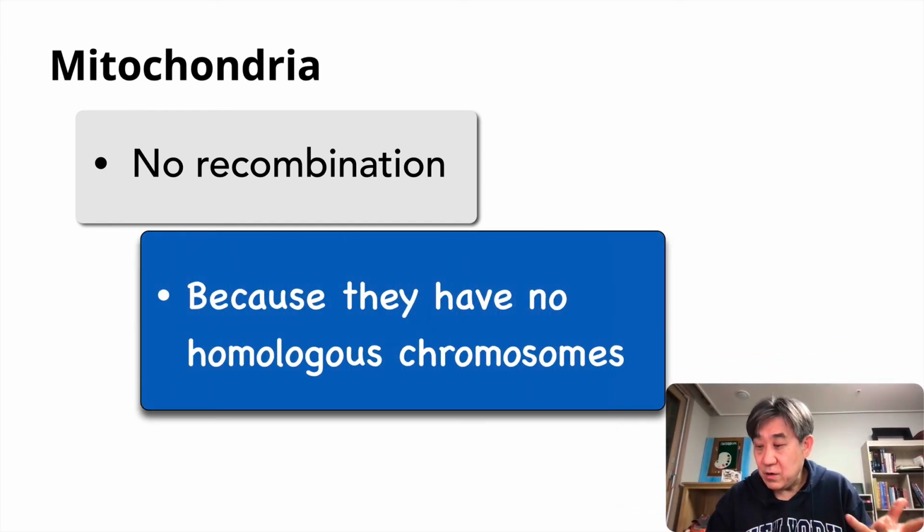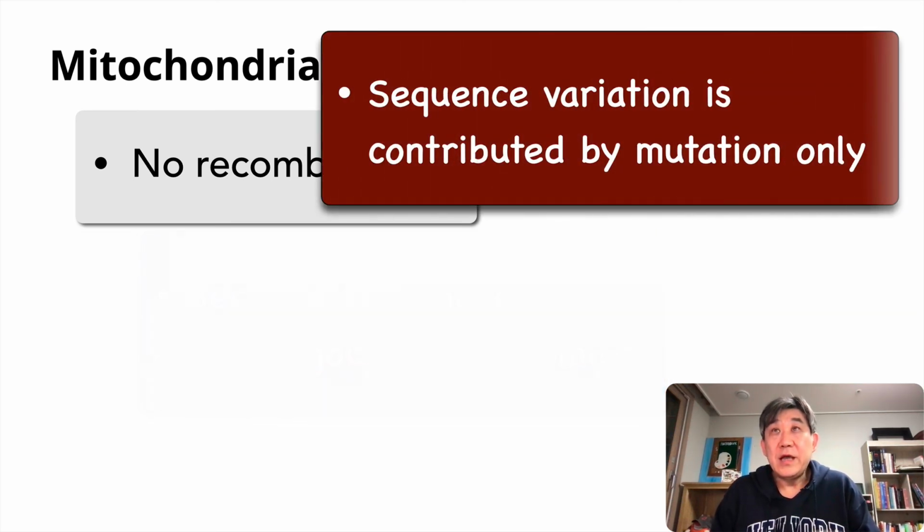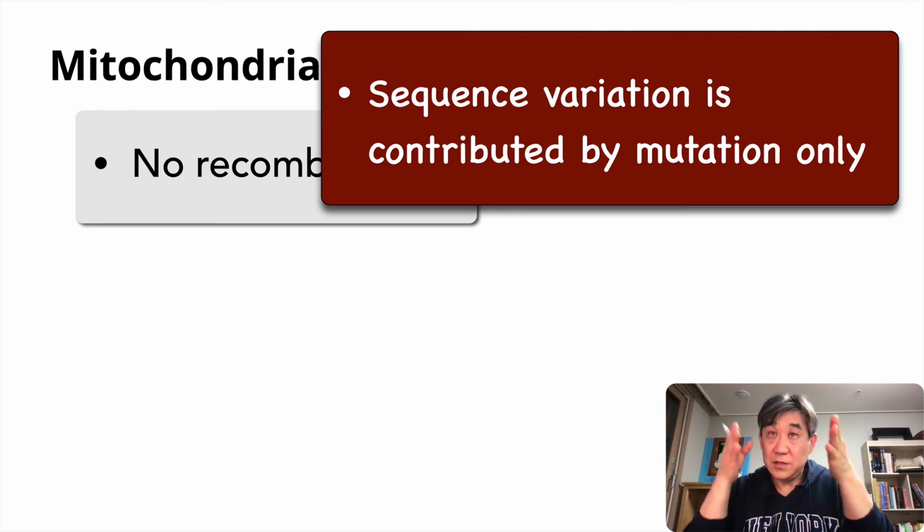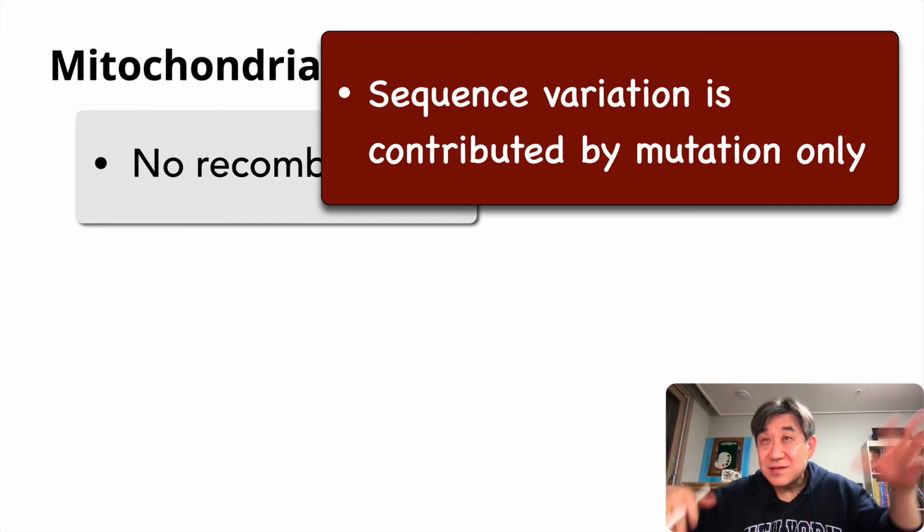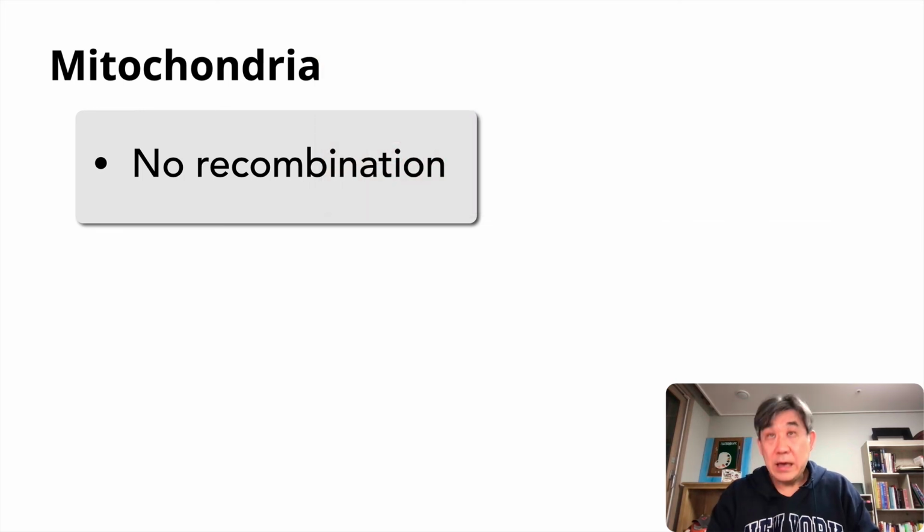So it is haploid, and they don't have any recombination. Any sequence variation you can assume is coming from mutation only. So it is a very accurate estimate of the differences, right?